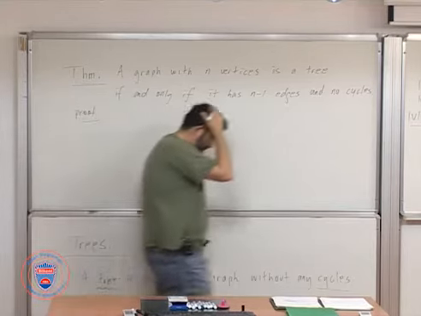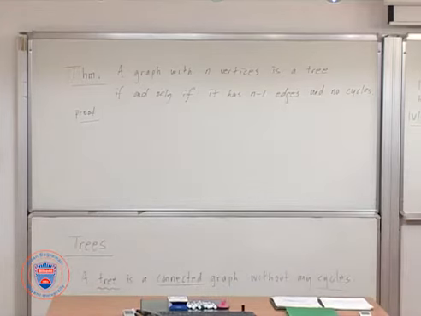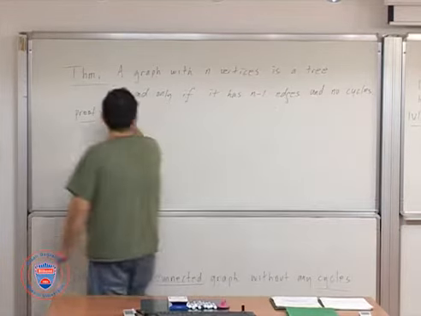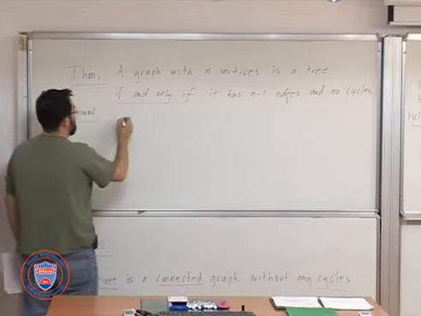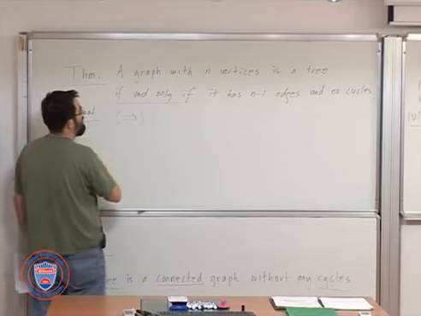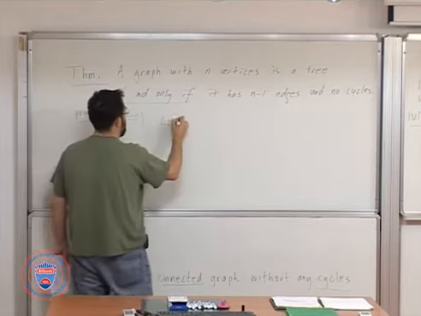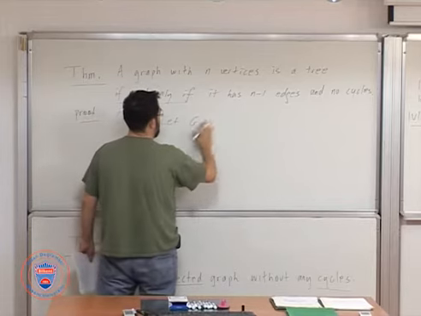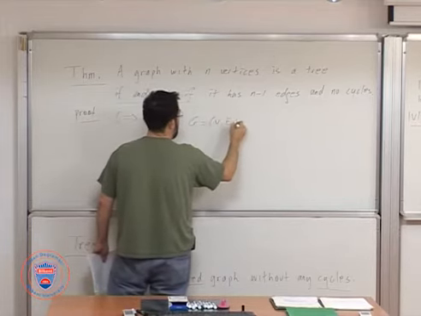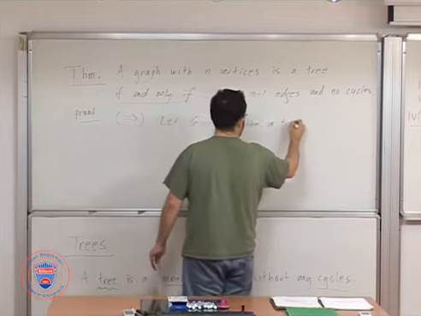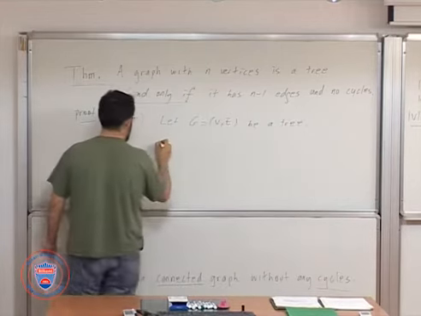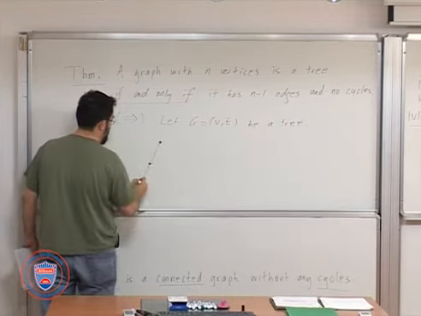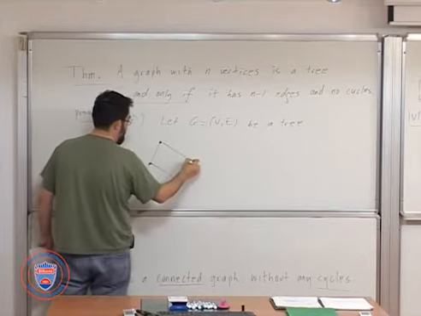Now, for this, there are a couple of different ways to prove it, but if and only if means both ways are true. So we'll take this way first. Suppose that we have a tree. So a tree looks like some vertices, some edges, and no cycles.